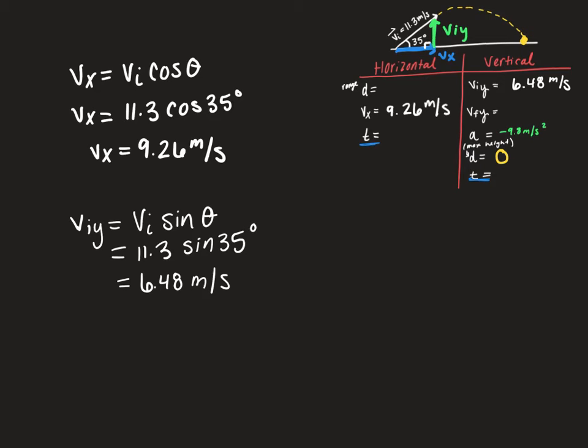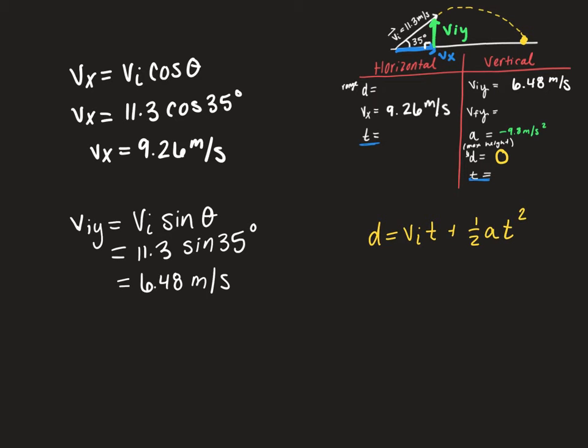So the third one. Yeah, the third equation: d equals Vi t plus 1/2 a t squared.